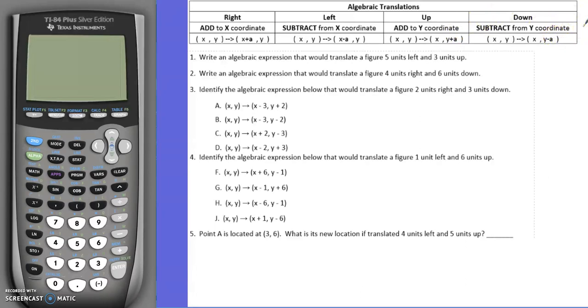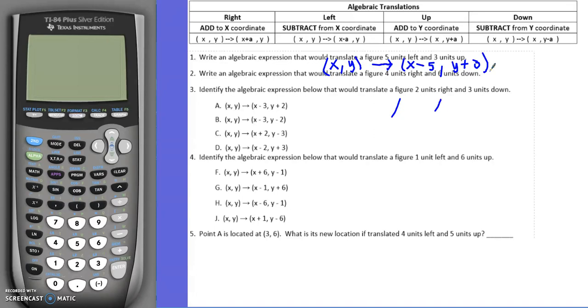So number 1, write an algebraic expression that would translate the figure 5 units to the left and 3 units up. So if we took the original ordered pair x, y, and we translate it 5 units left, that is x minus 5, because that's going to the left. And 3 units up, that would be y plus 3.